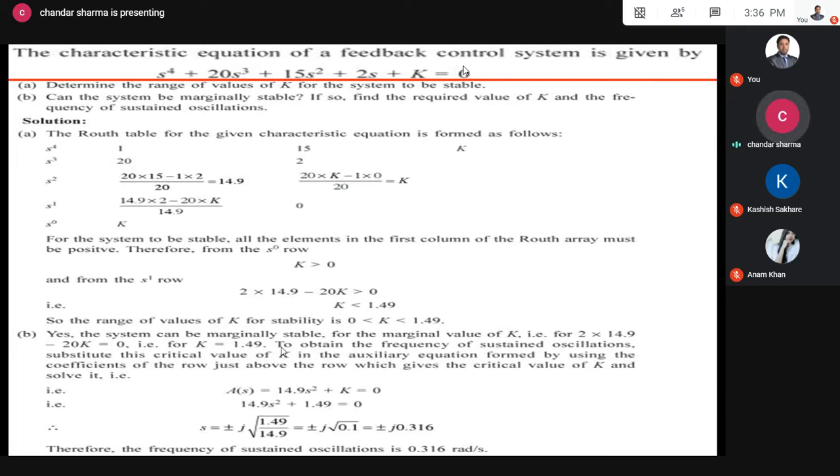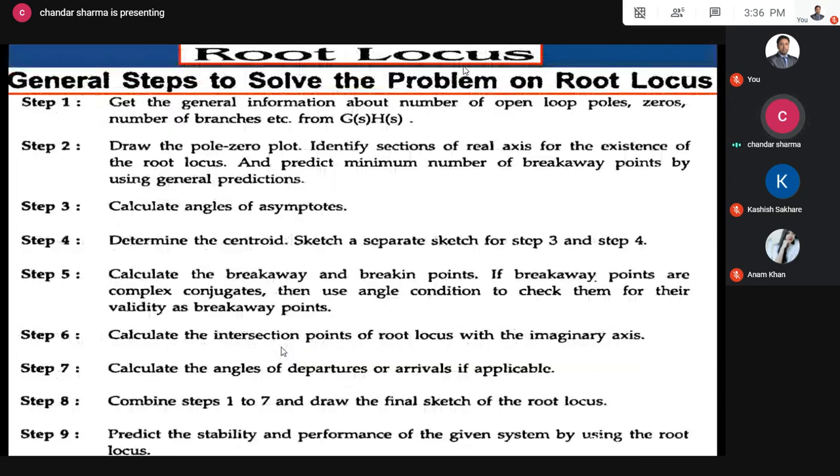But the disadvantage of Hurwitz stability is that as the order of the system becomes larger and larger, we have to find more and more determinants, and that's why that method is generally not used. If the order of the system is 2 or 3, then it's okay. We have to find 3 determinants. If the order of the system is 5 or 6, in that case, we have to apply Routh stability criteria to determine the stability of the system.